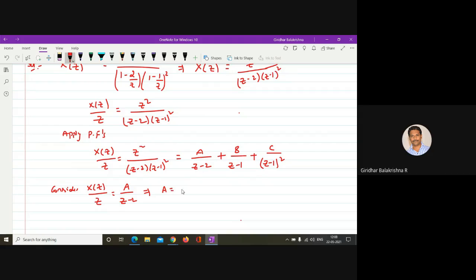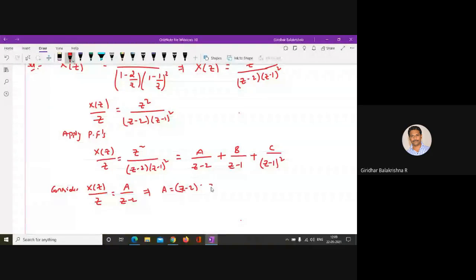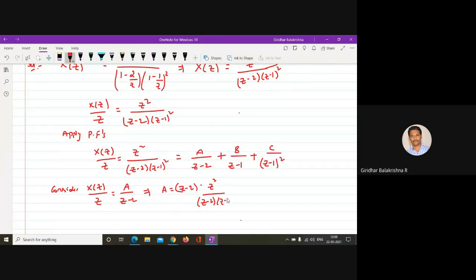Then we can represent A equal to (z minus 2) into X of z by z, which is z square by (z minus 2) into (z minus 1) whole square.